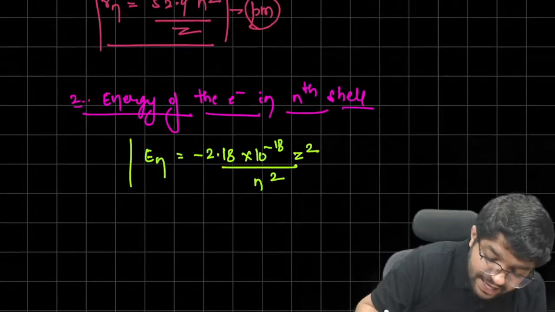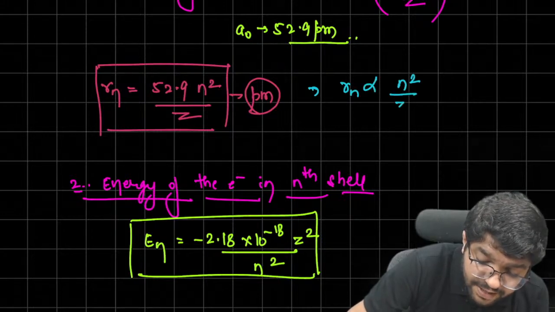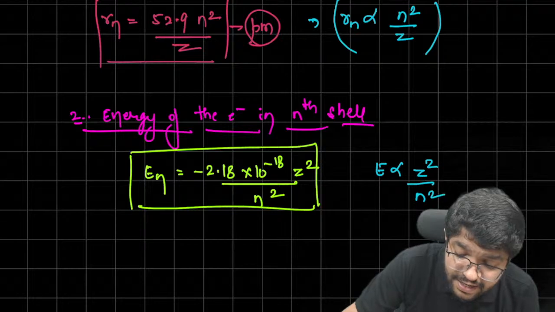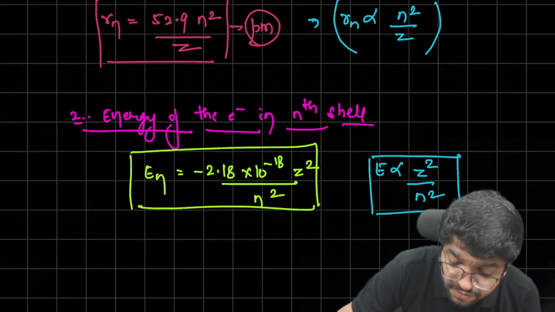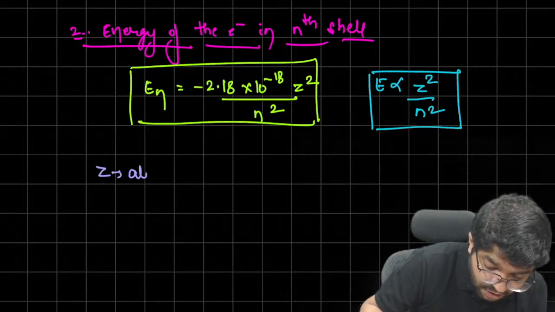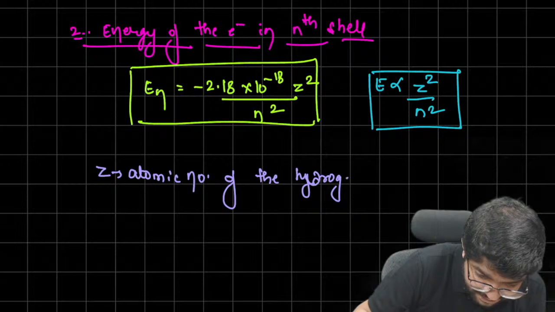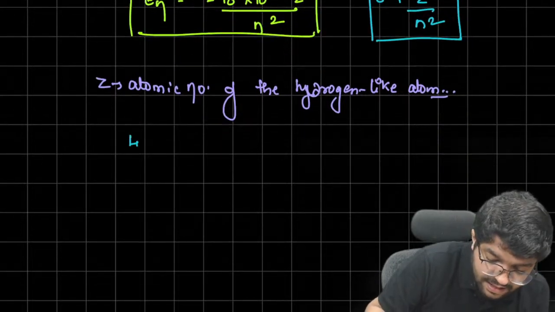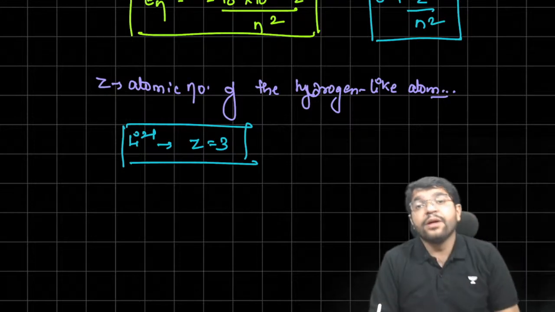Two things to take away from here: my Rn is proportional to n square by Z, and here E is proportional to Z square by n square. Now this is very, very important, where Z is the atomic number of the hydrogen-like atom. So typically when I say Li2 plus, then I mean to say Z equals 3, because Z is 3 for lithium.